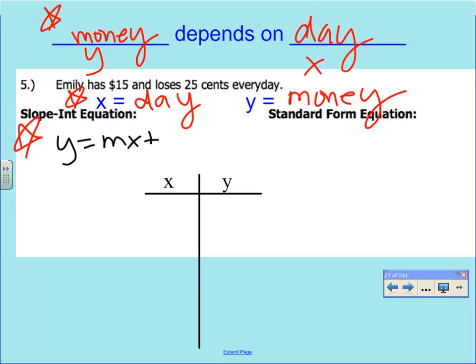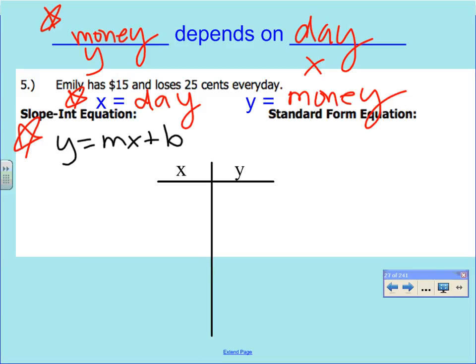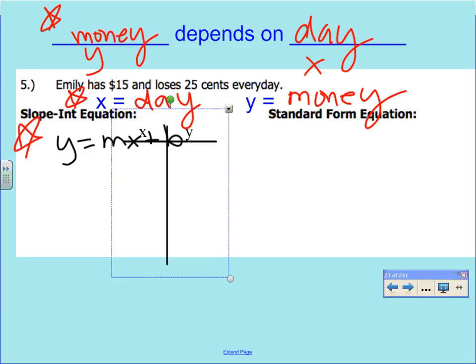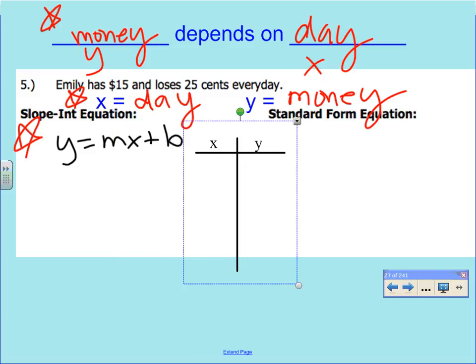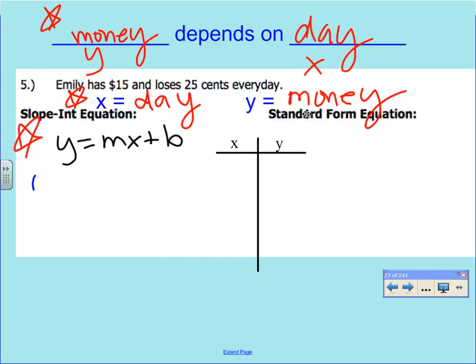Okay, and then what did you plug in for this scenario? Zach, what did you plug in for the slope-intercept form? Okay, you're close. Anyone know what needs to be changed a little, Matt? Okay, why?